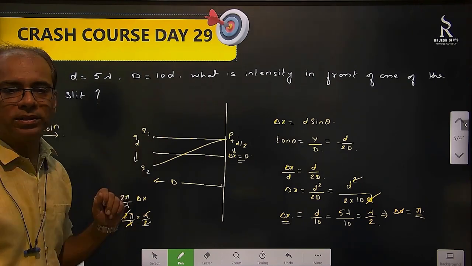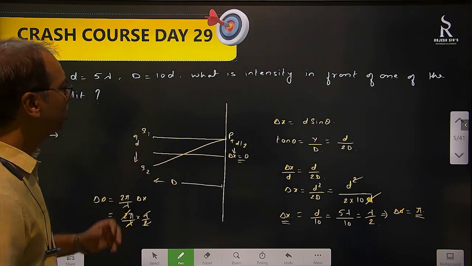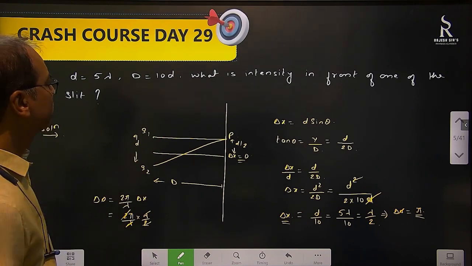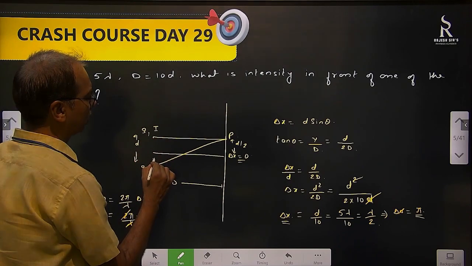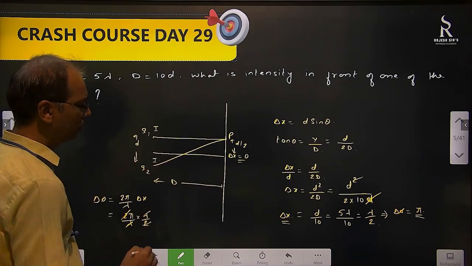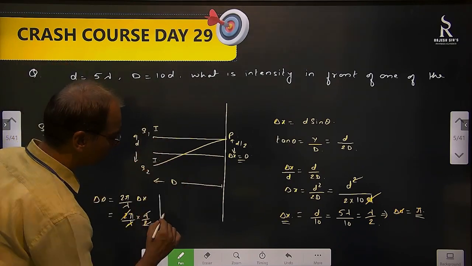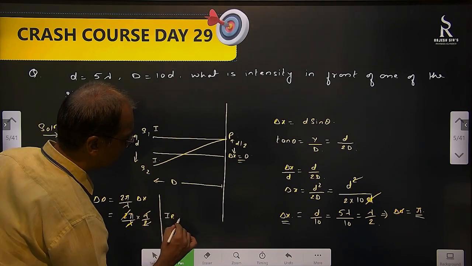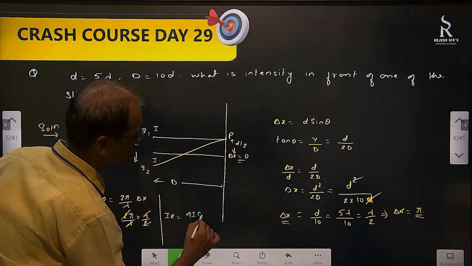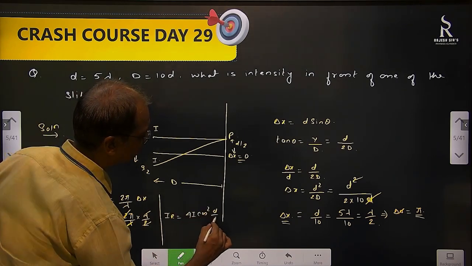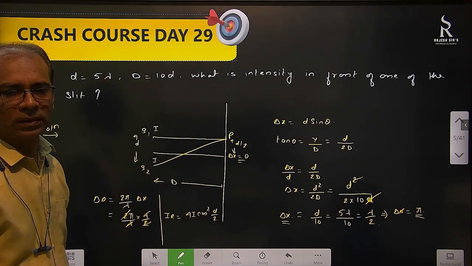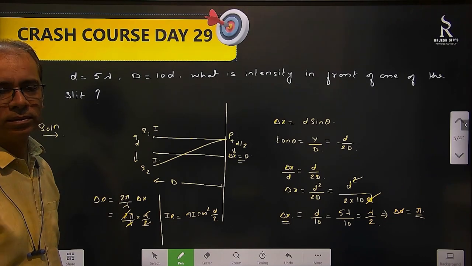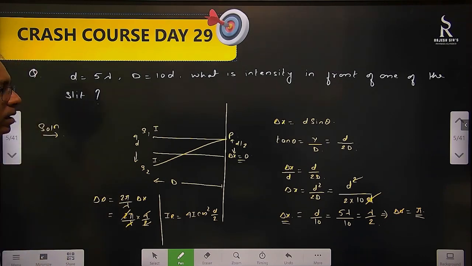Now, how to get intensity? It is asking for intensity, which we can find very easily. If this is I and this is also I, then what will be the resultant intensity? We know that I resultant will be equal to 4I cos square pi by 2. What are we going to get there?